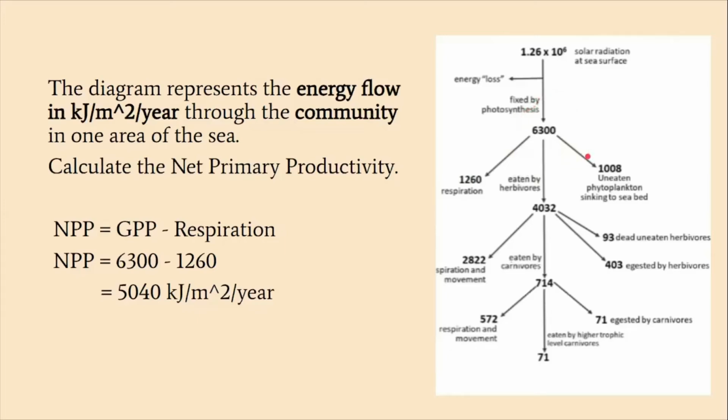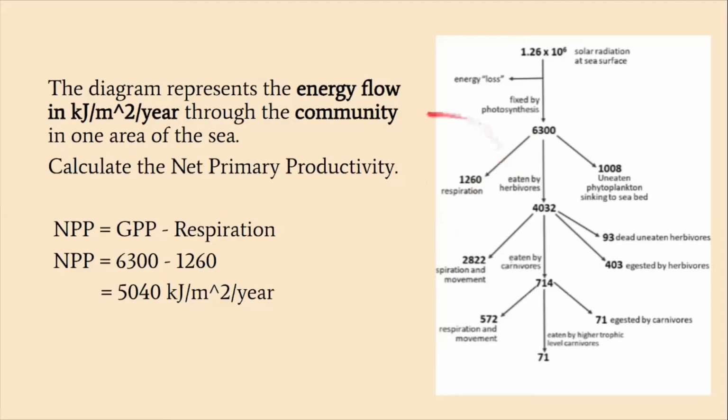NPP is related to the producers, and you can only get NPP in organisms that are autotrophic, that can photosynthesize like the algae. So we will want to write the equation first: NPP equals GPP from the producer minus respiration, which is the glucose used up in respiration, and some of the energy is lost as heat to the environment.